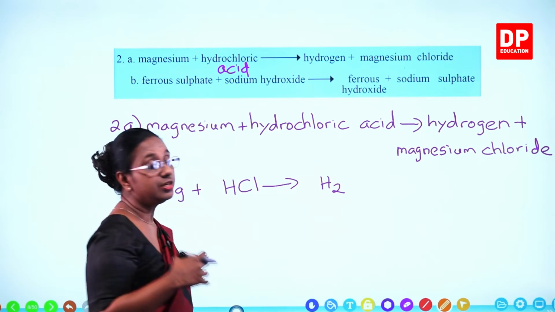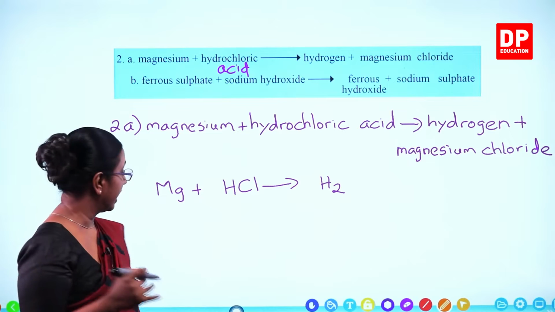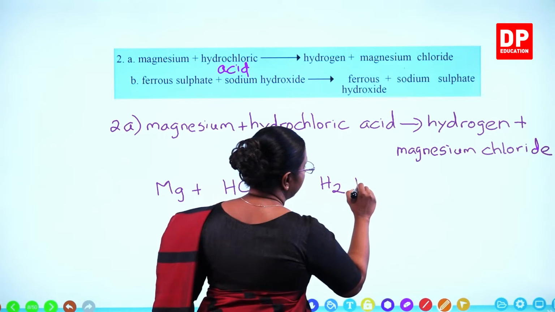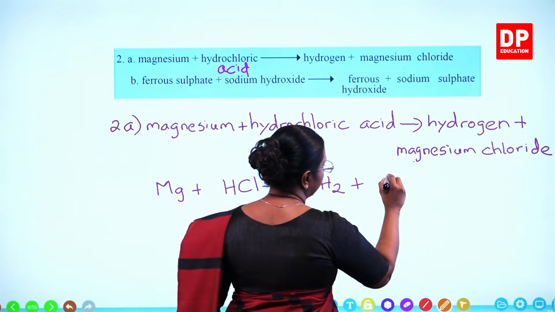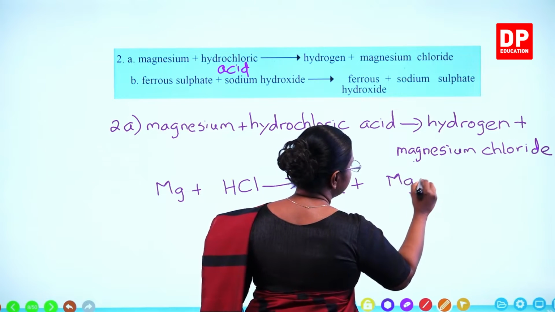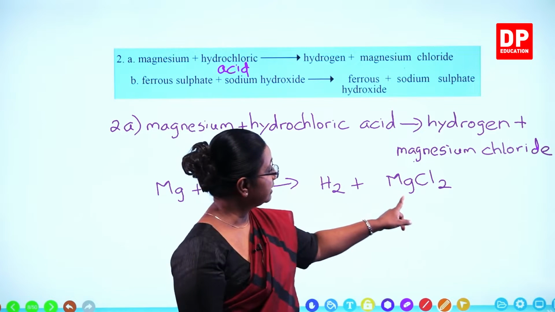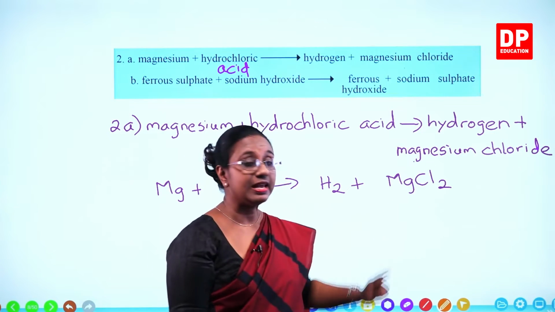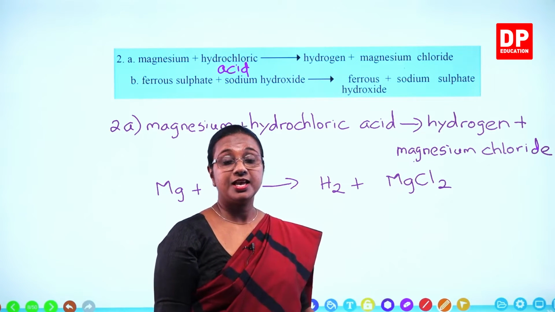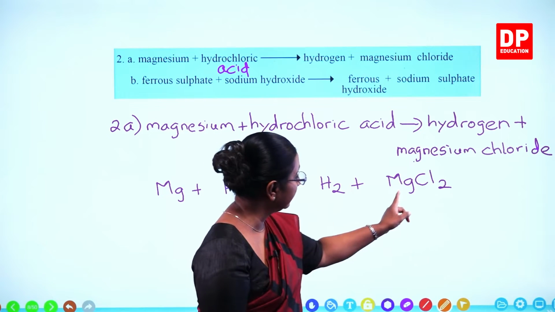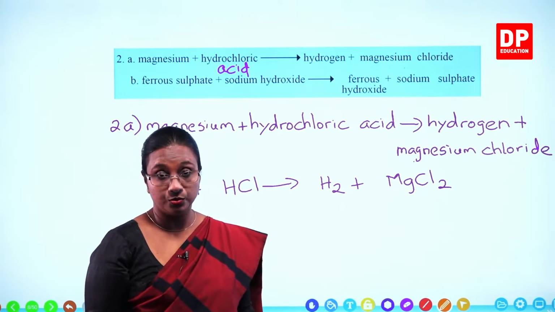When they say hydrogen, you should know that it is H2 gas. So H2 and magnesium chloride. Magnesium chloride is MgCl2. Magnesium valency 2, chlorine valency 1. So when you exchange and write the formula, you get MgCl2.